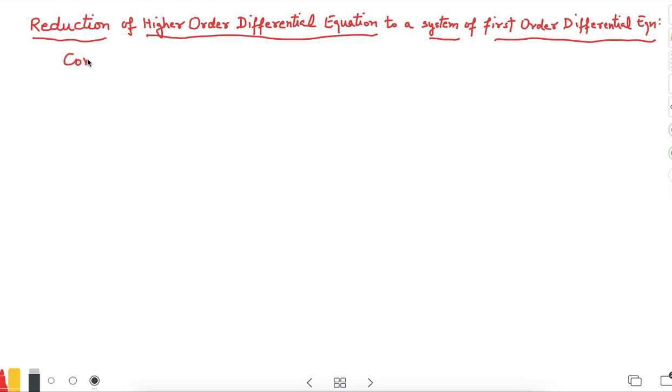So consider, say, an mth order ordinary differential equation.